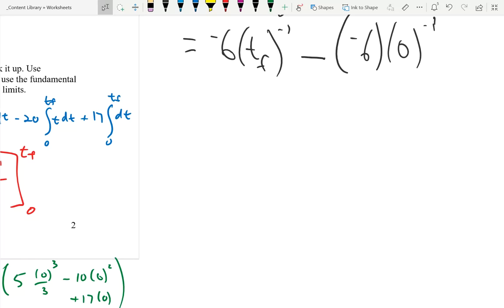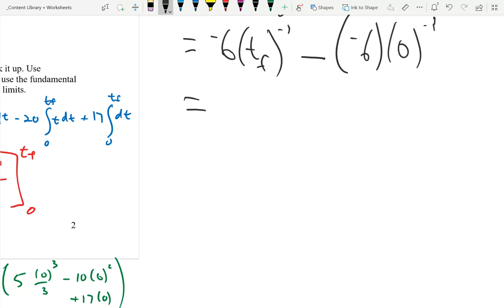Don't worry, we don't need to calculate. What's 1 over 0? Oh, that's undefined. So what's your answer? Undefined? Yes.